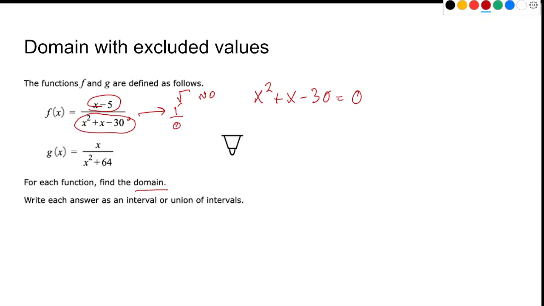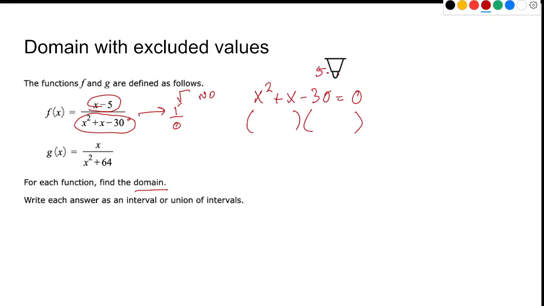Okay, so we will factor into two binomials. Looking at 30, it can be made in multiple ways, but 5 times 6 is probably going to be the best because we're subtracting.